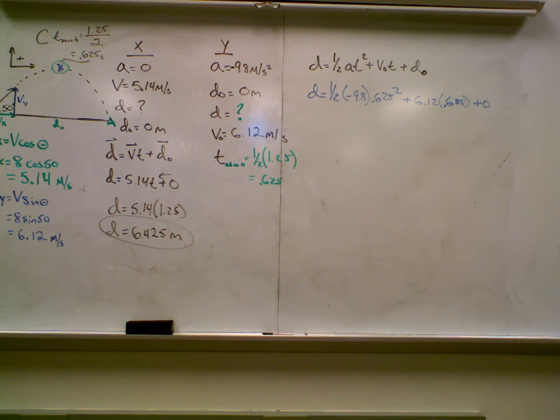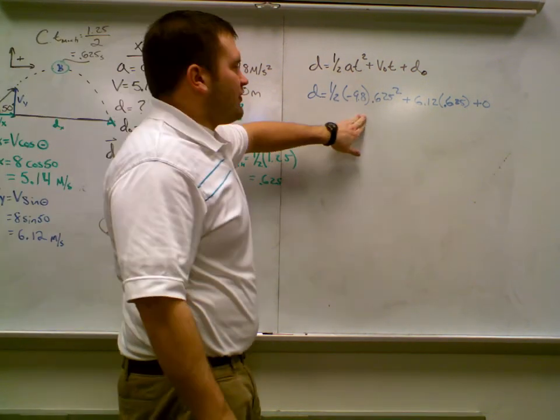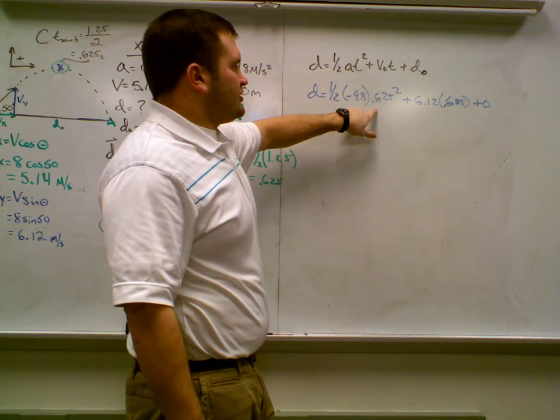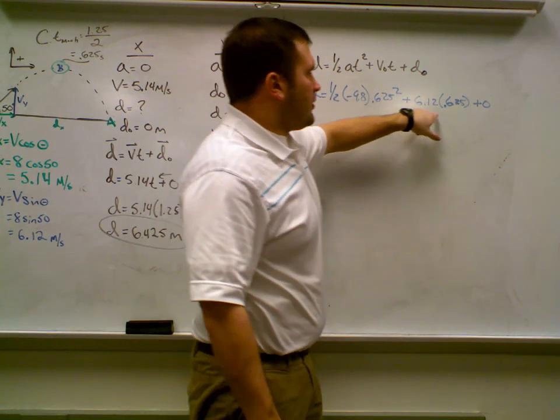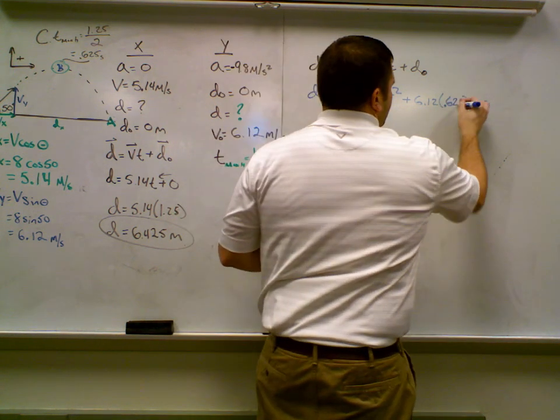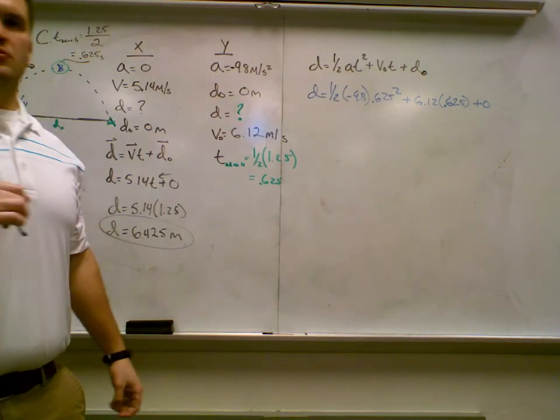Right? So can you guys figure this out now? Yeah, you can do it all in one step in your calculator if you're smart with your parentheses, right? 1/2 times negative 9.8, don't forget your negative, times 0.625 squared, plus 6.12 times 0.625. Equals.